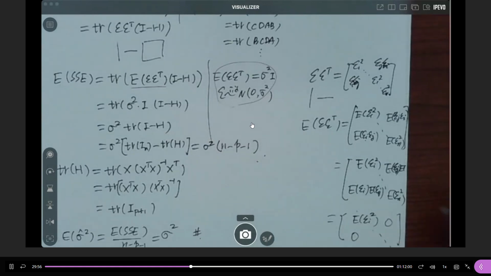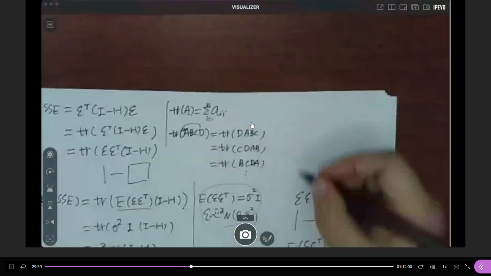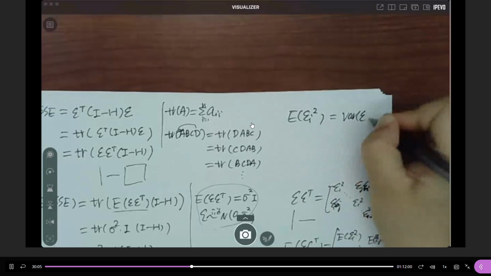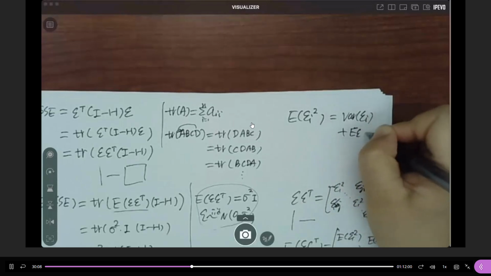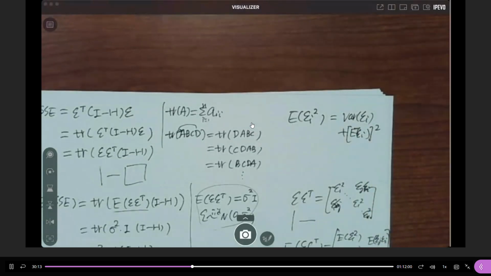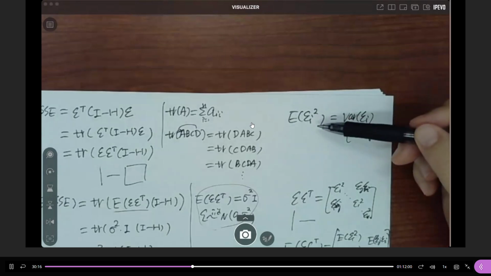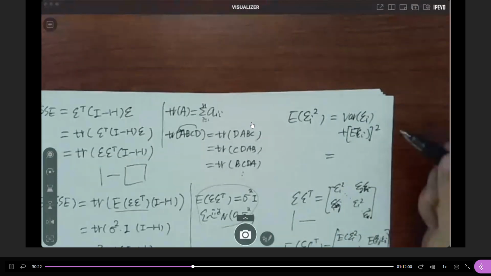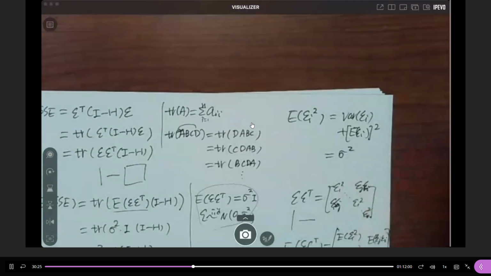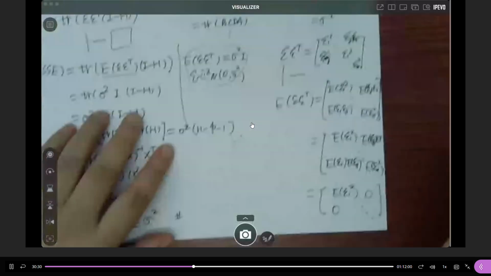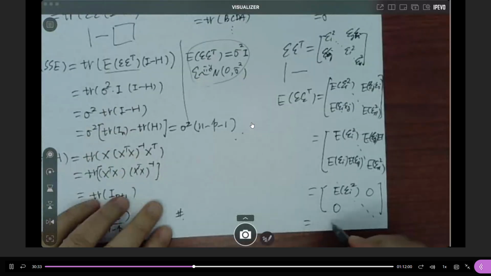So what is E of epsilon i squared? E of epsilon i squared is just the variance of epsilon i plus E of epsilon i, squared. By the definition of variance, it equals the difference between E of the square minus the square of the E. So what is the variance of epsilon i? Sigma squared, right? And E of epsilon i is 0. So it's equal to sigma squared. So eventually on the diagonal, you just have sigma squared.